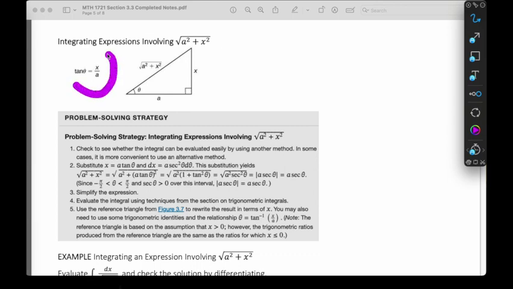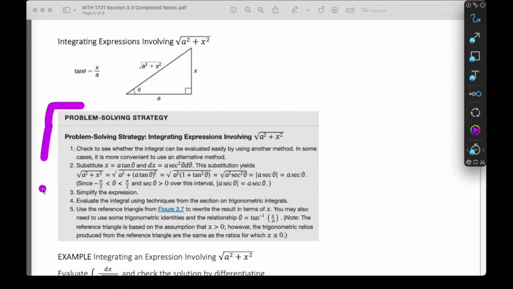That way, when we do tangent, that's opposite over adjacent, I get the tangent is x over a. And so when I solve this for x, we're going to get x is a times tangent. And so we're just going to use that to make our substitution.